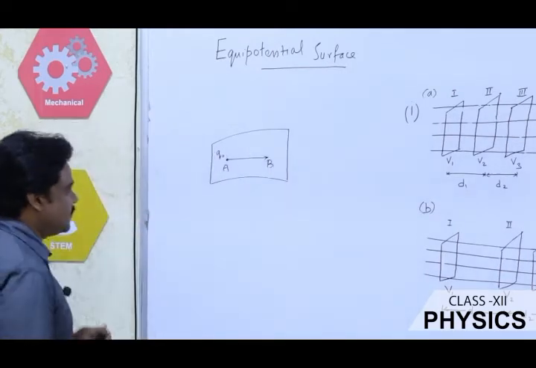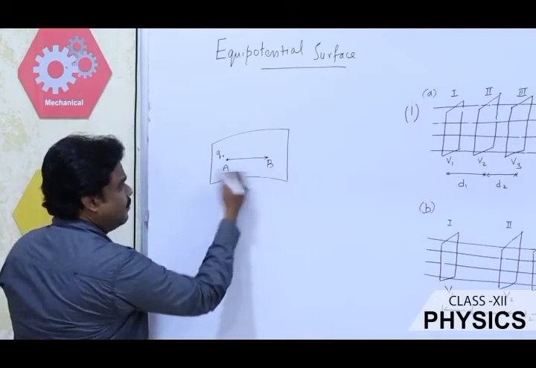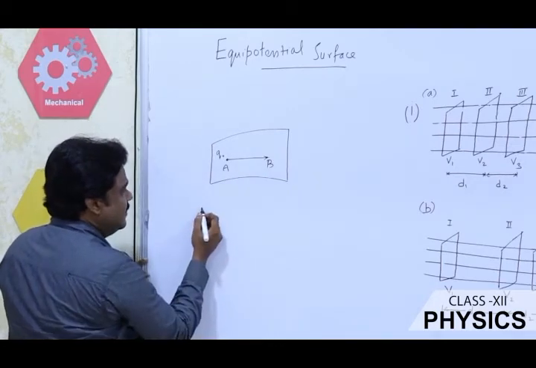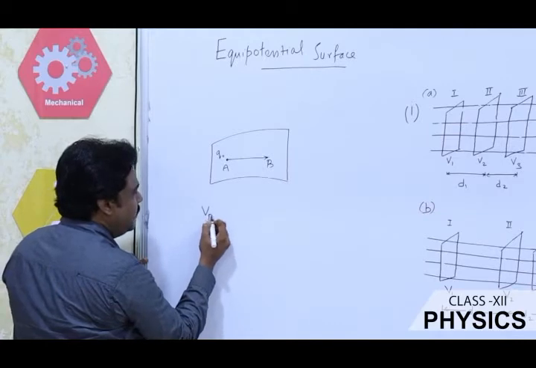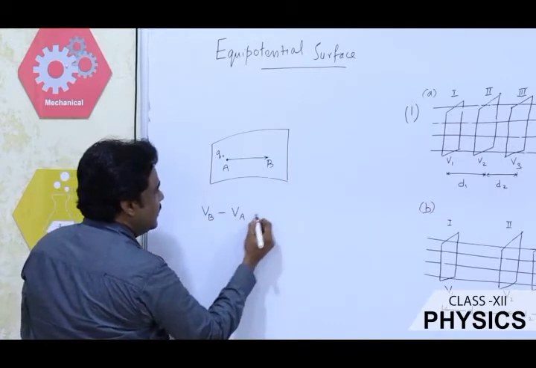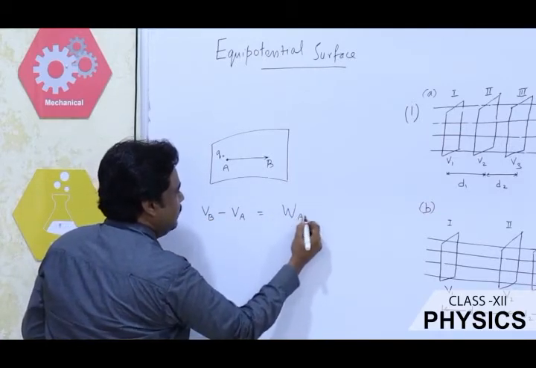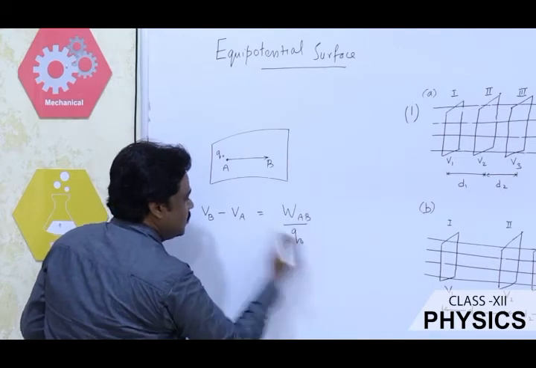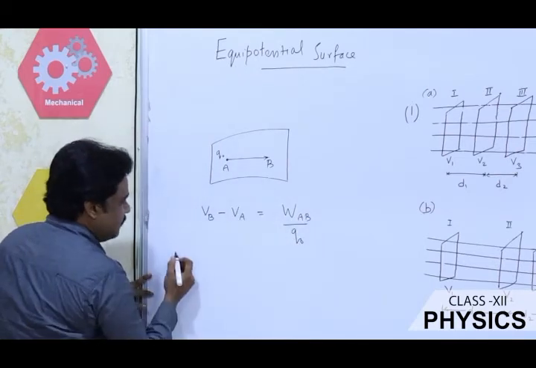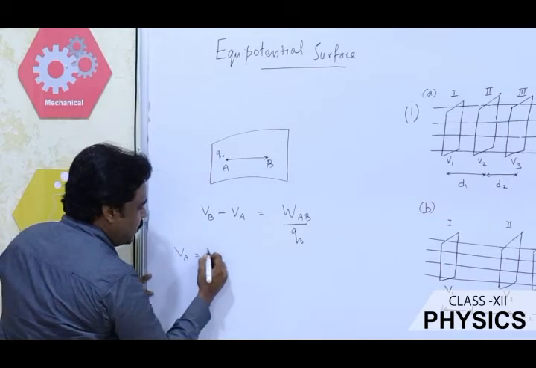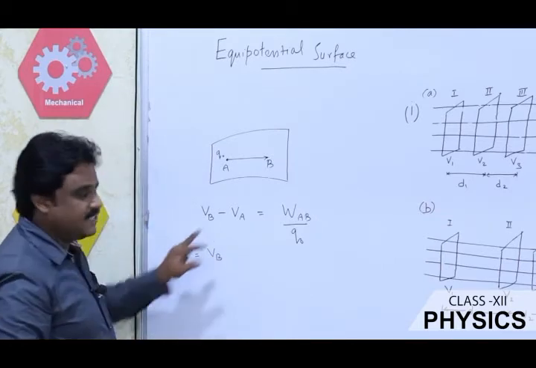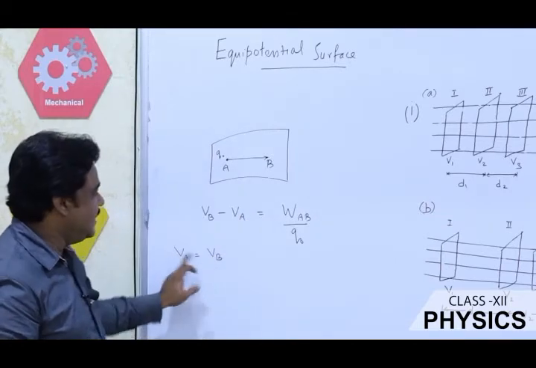So how to prove this? You know how to write the potential difference: VB minus VA is the work done W_AB on the test charge Q0. Now since it is an equipotential surface, VA is equal to VB.